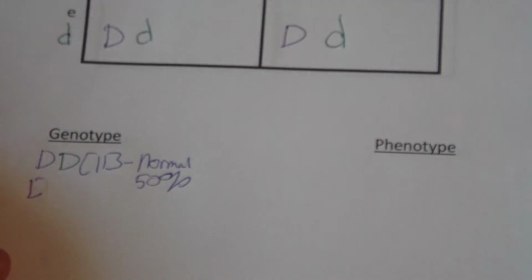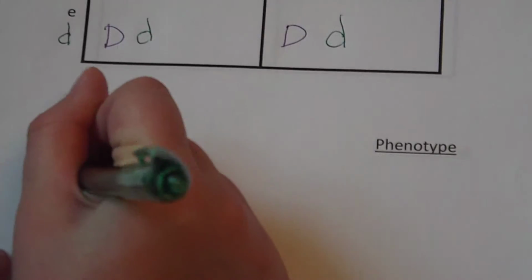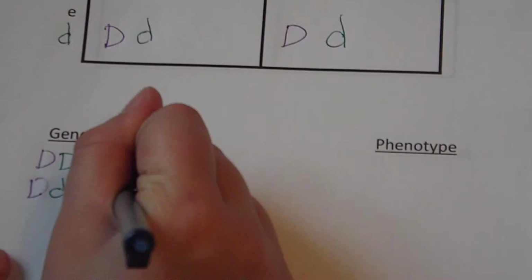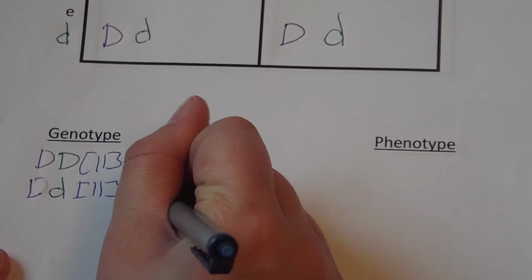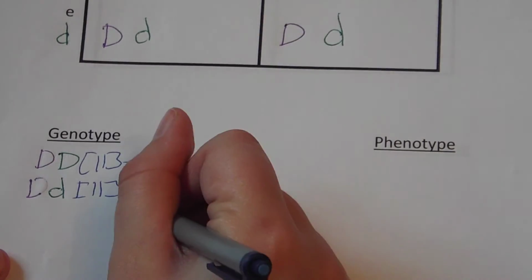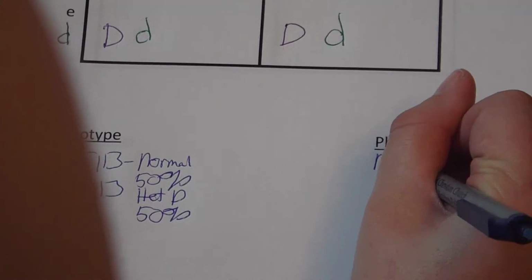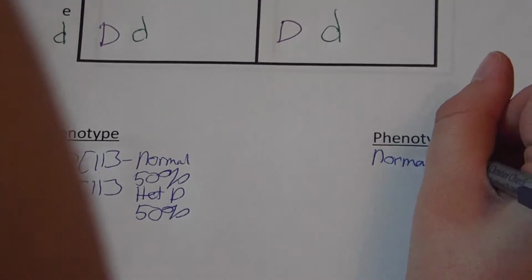And then het D, there are 2 of those, and that's het diffused, het D 50%. And then I would have normal, all 4 of them.